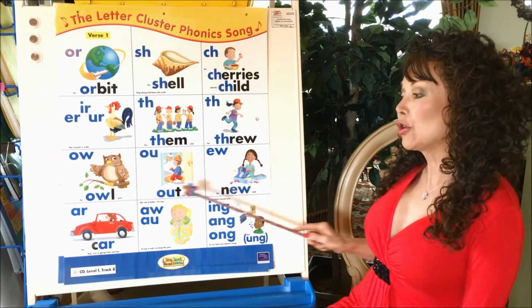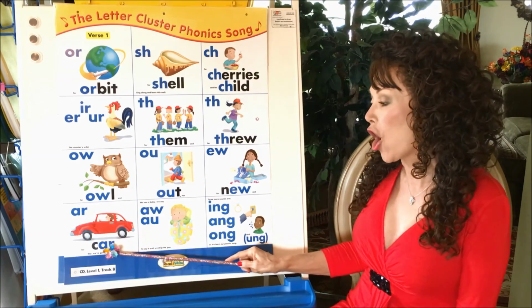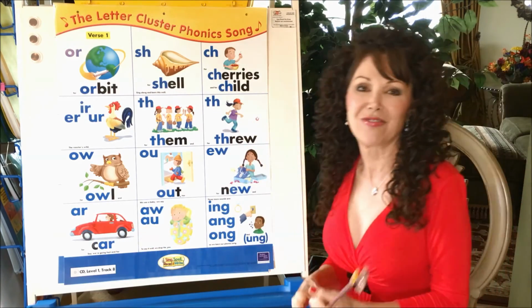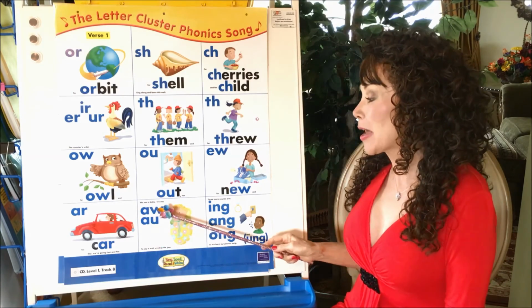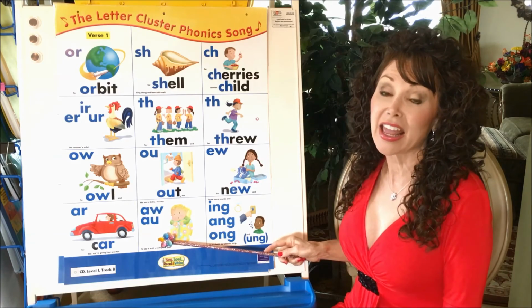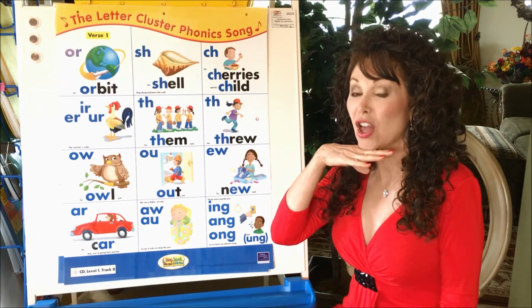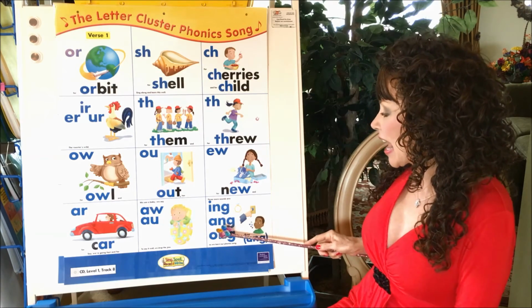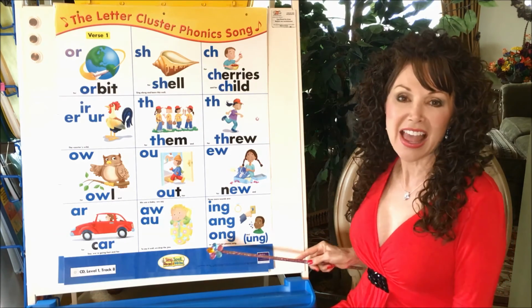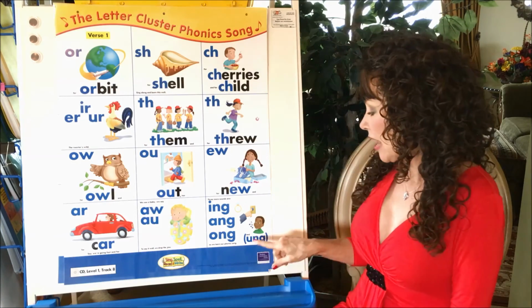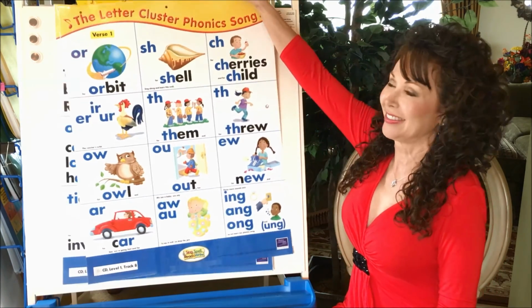Ue for blue and ew for new and R for car, say we're going fast and far. We see a baby, we say aw. To say it well, we drop the jaw. Three more sounds are in and on, as we learn our phonics song.